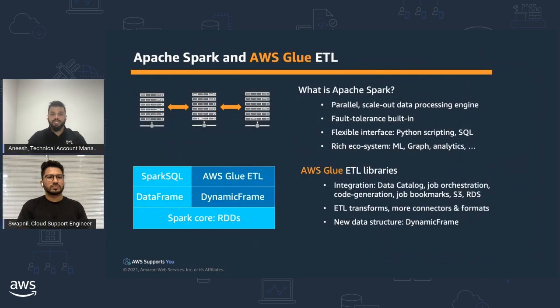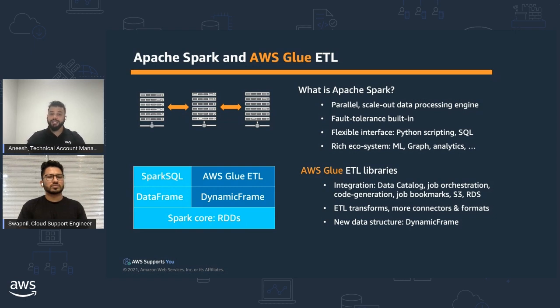Now, in order to understand what an ETL script is doing, it is very important to understand how the system is built. So Glue is built on top of Apache Spark core. At the bottom, you can see the RDDs, which are resilient distributed datasets. These are basically data structures that allow you to put data in them and then run operations over them in a fault-tolerant way.